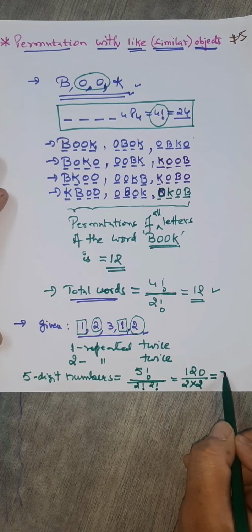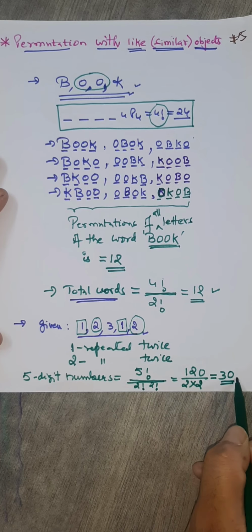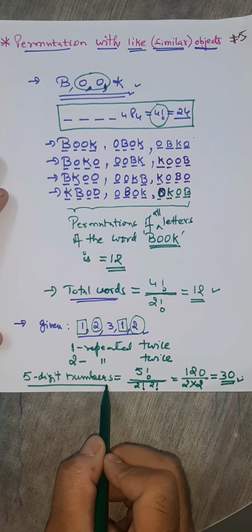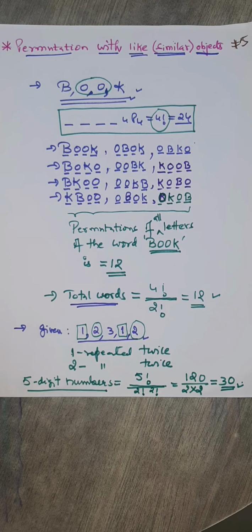So this is how much? 2 fours are 4, so 30. 30 five digit numbers can be formed using these digits, in which 1 is repeated twice and 2 is repeated twice.